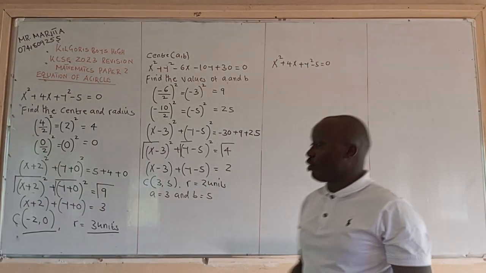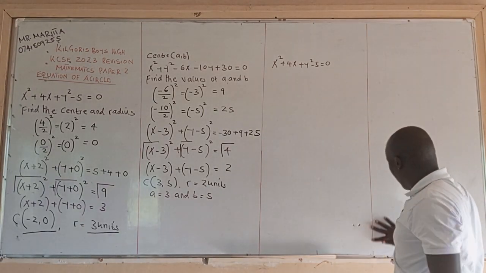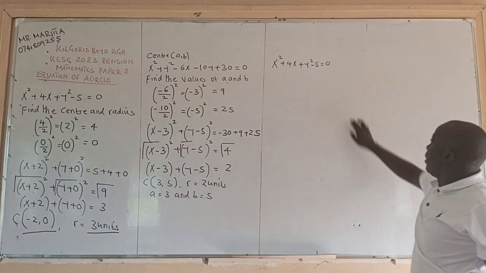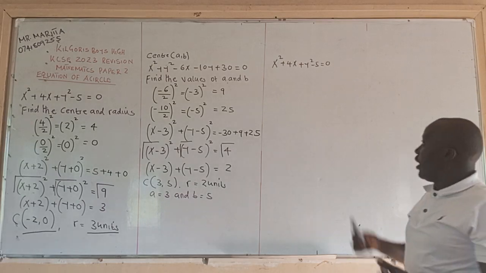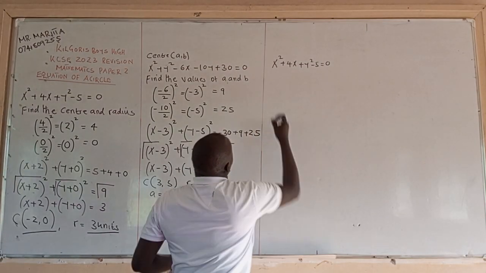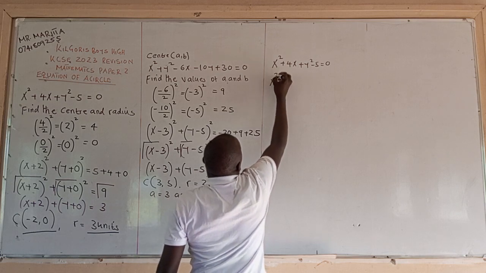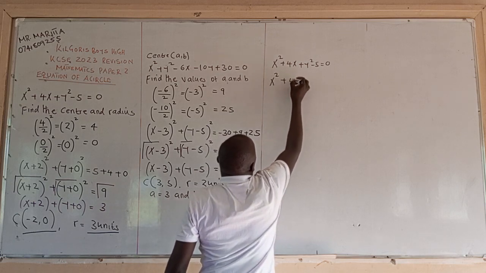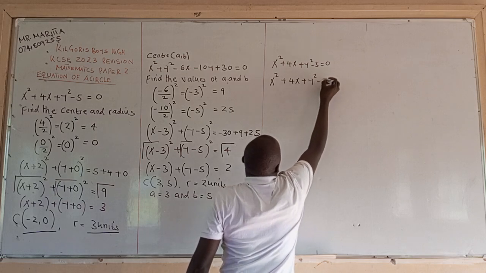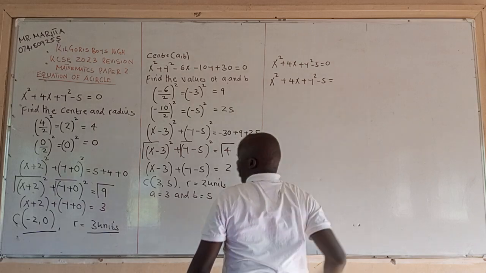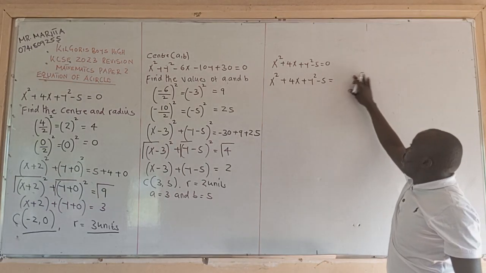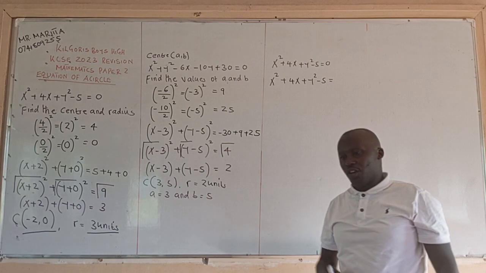If you use the general equation of a circle to find the center and the radius of this circle, you write this as x squared plus 4x plus y squared minus 5, and in this case you equate this one to 0. You just compare this to the general equation of a circle.